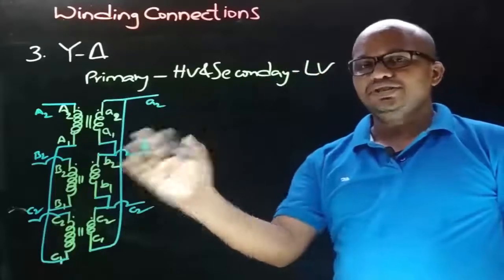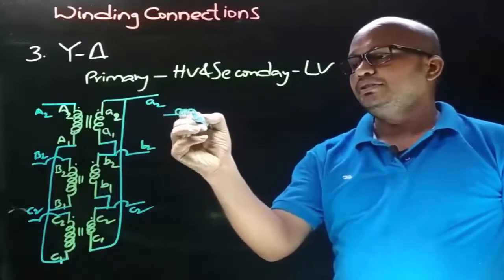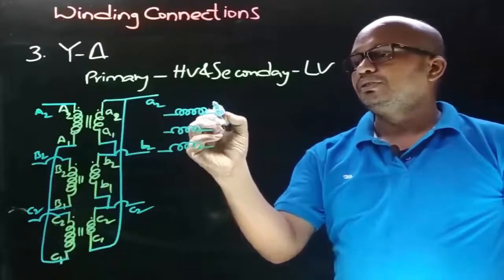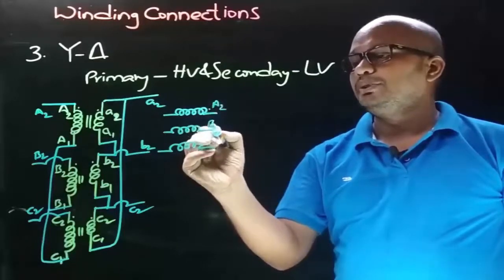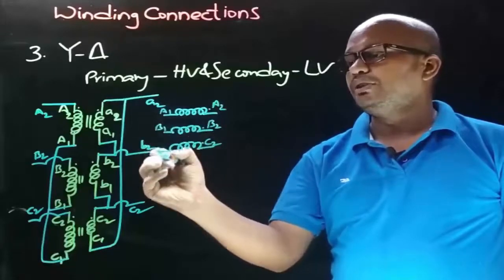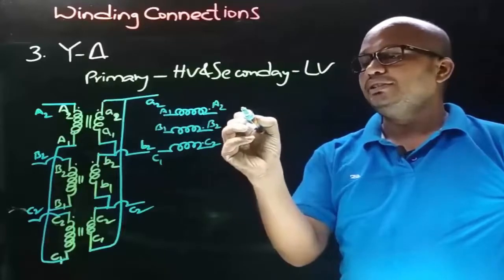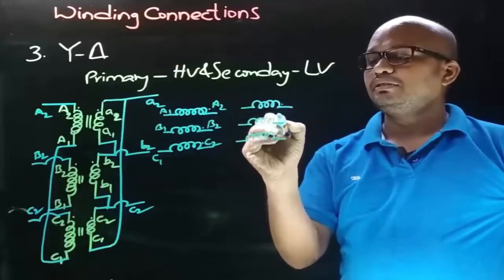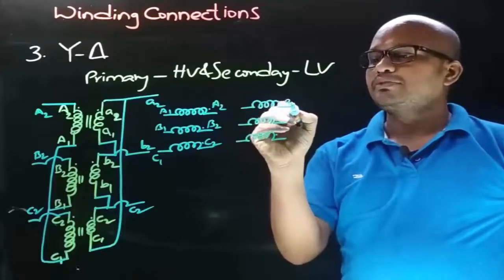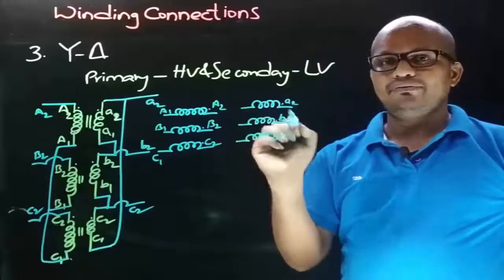Now let's arrange these windings in horizontal fashion. So let this be the HV winding and these be the dot ends. So here A2, B2 and C2, this is A1, B1 and C1. And now consider the LV winding, and let these be the dot end terminals. So dot end terminals will be small a2, small b2 and small c2, because this is LV winding.